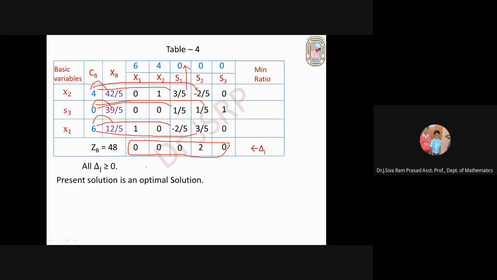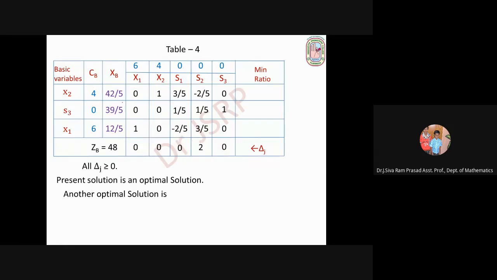So another optimal solution is, we have to write decision variables only. First x1, right from the table. This is the solution column. So x1 is 12 by 5.